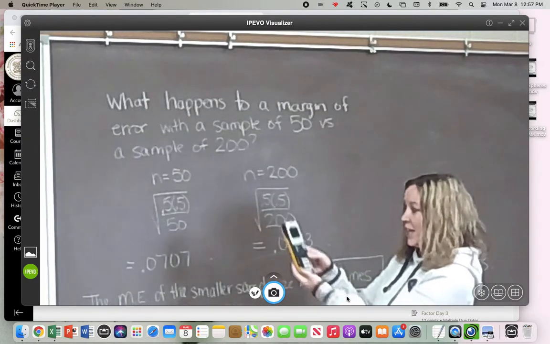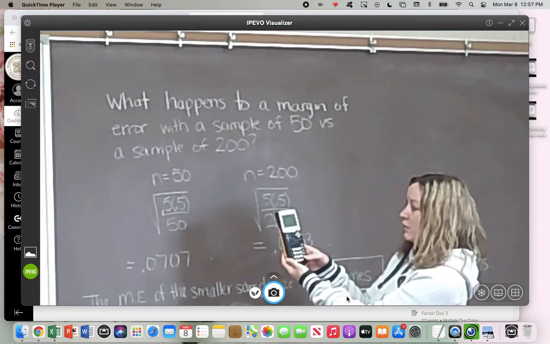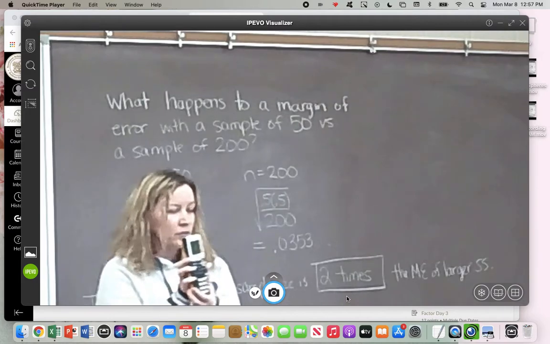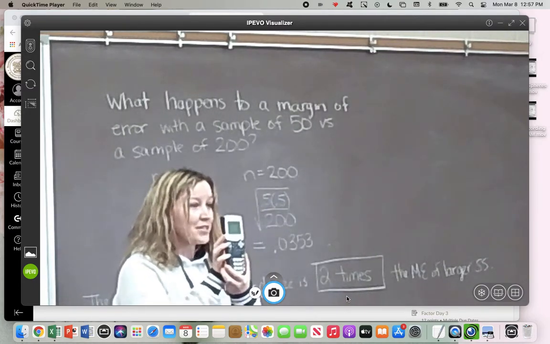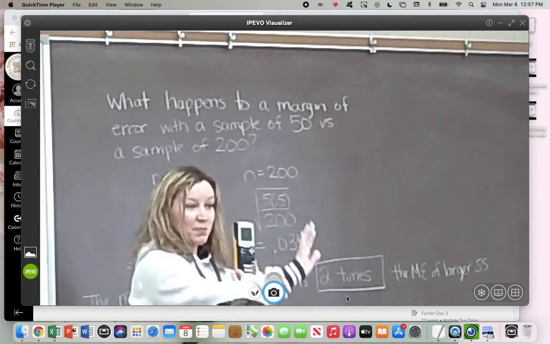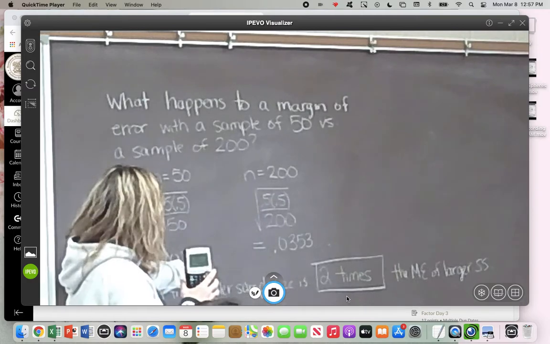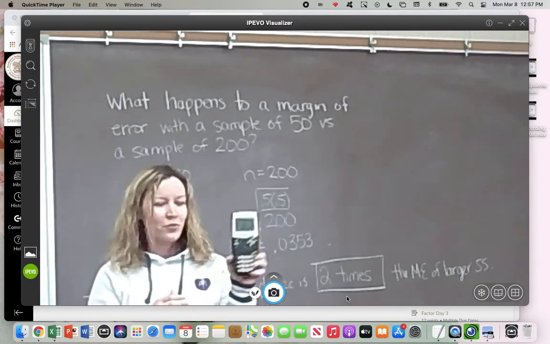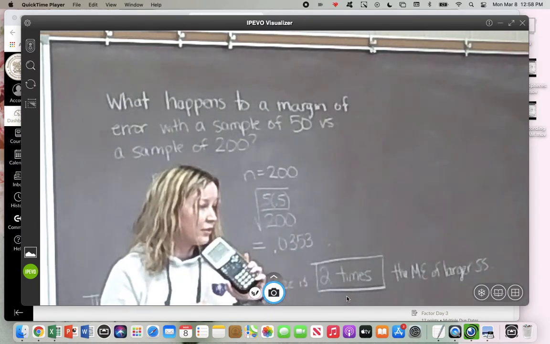So you're going to hit divide by, then go up and highlight your second answer, and then hit enter. Do you remember in middle school doing ratios, and it would say, what's the comparison of the larger one to the smaller one? And it meant divide. So you're going to take the smaller sample size divided by the larger sample size, and it's almost 2, right? Yes.